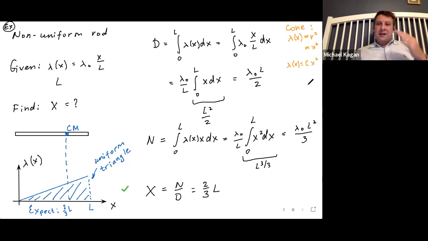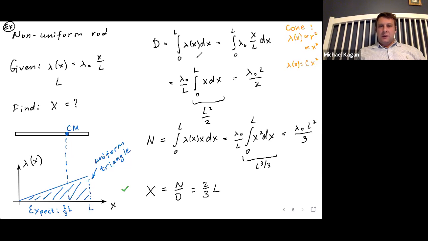And the nice thing about it is that we don't care what the C is. Remember, rescaling doesn't affect the center of mass position. All you really need to know is this power. As soon as you know the power, you're good to go. Now, if we were to update these integrals, what would happen? You would put x squared in here, right?